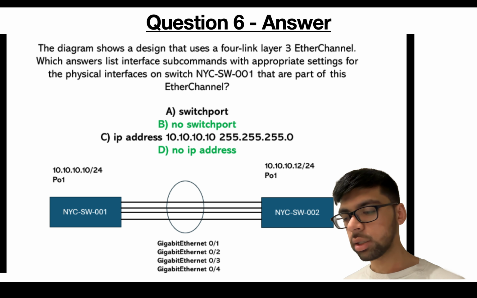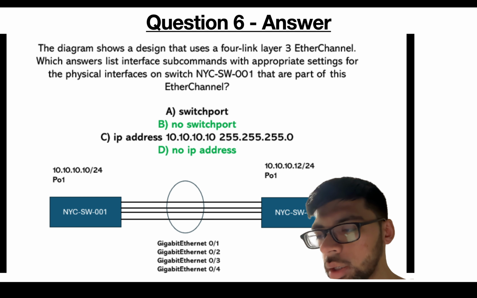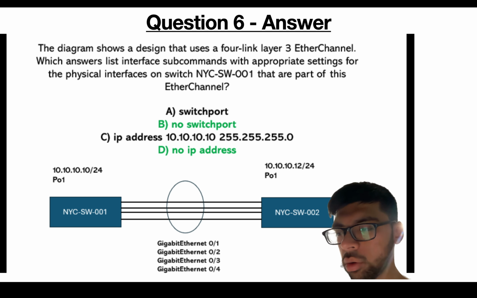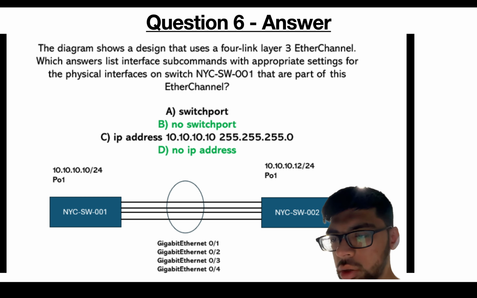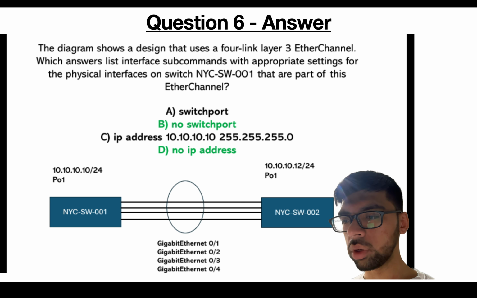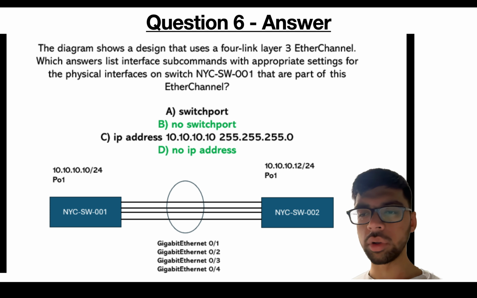IOS will add the no IP address command to the interface. That's something important to know. That's also used for clarity when others view the configuration. The physical port doesn't need an IP address, so configuring the no IP address command is useful for clarity when other administrators view that configuration.